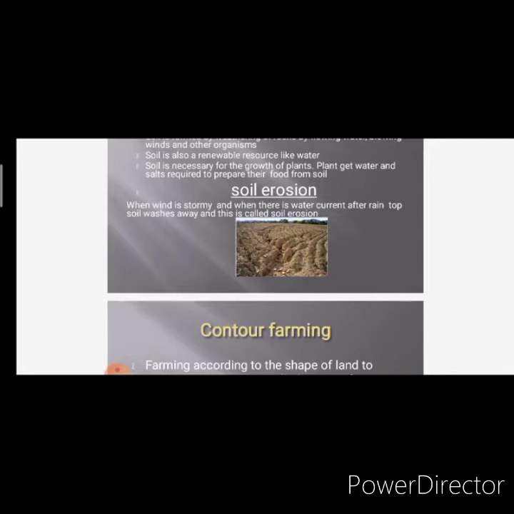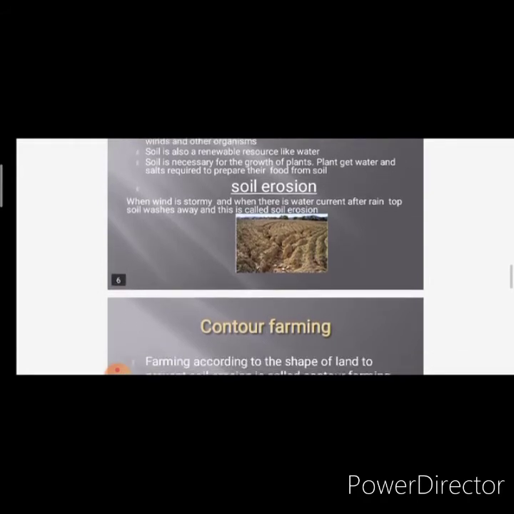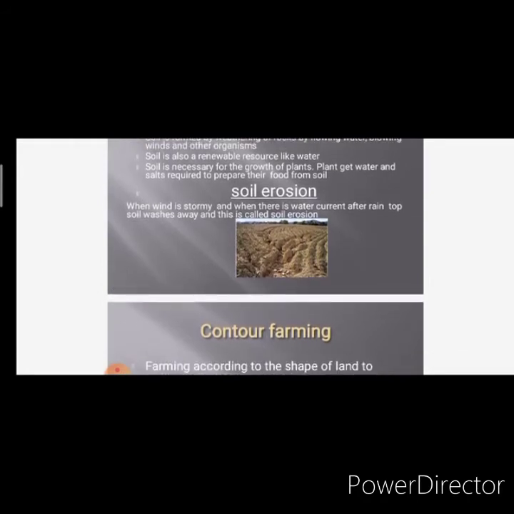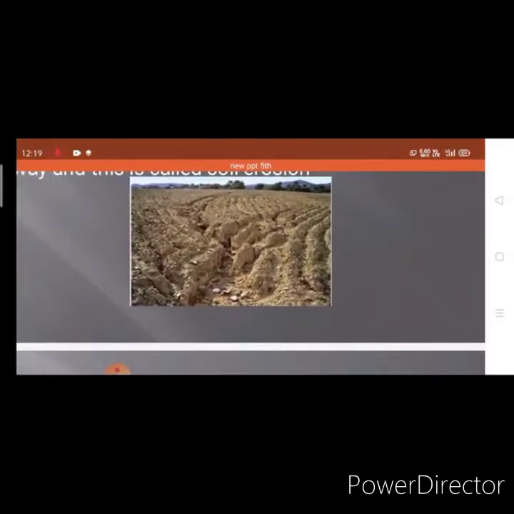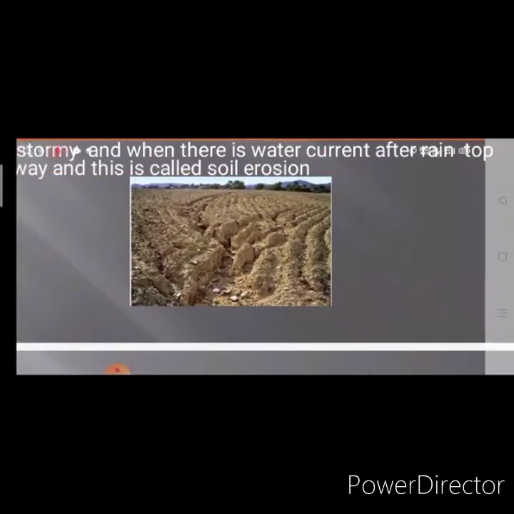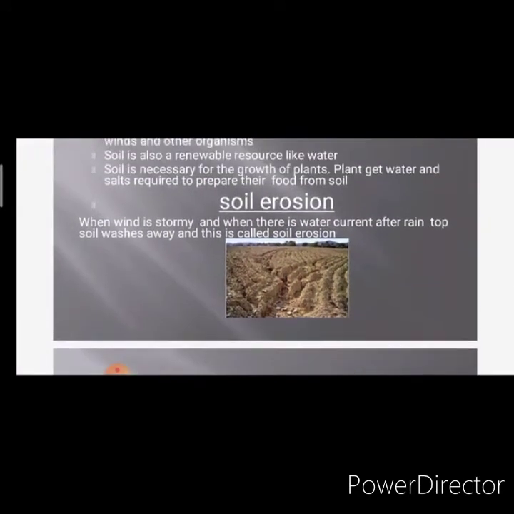Hence, we should try to conserve soil to keep it fertile. It also results from deforestation and overgrazing by domestic animals. Overgrazing removes the grass cover and leaves the soil bare. The soil is no longer fertile. Wind and water act on it with full force. Hence, we should make efforts to plant more trees to protect the soil.